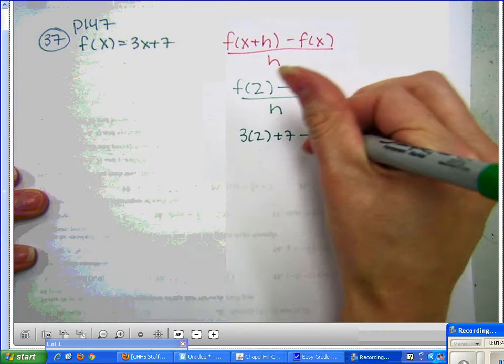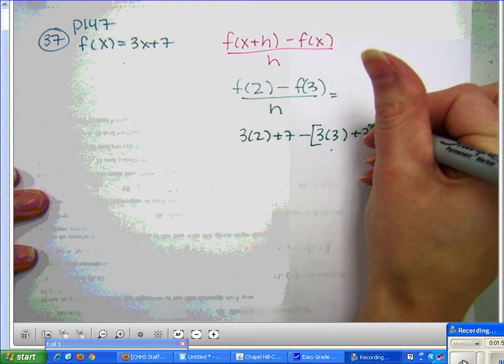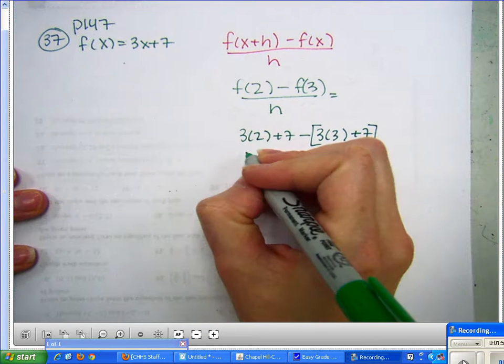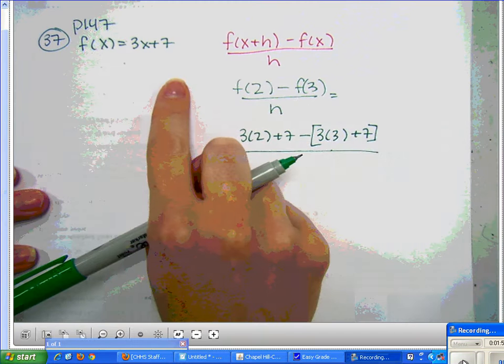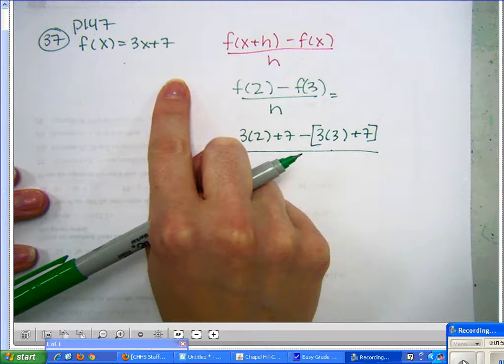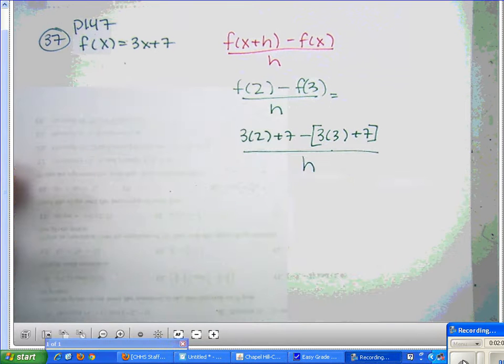So 3 times 3 plus 7, and this would all be subtracted, so I always put in an extra set of parentheses, divided by. Now, do I plug h into this equation here? No, why not? Because it's just a variable and doesn't have a function notation attached to it. So it's always going to just be over h.